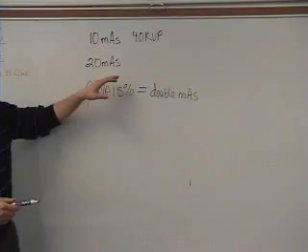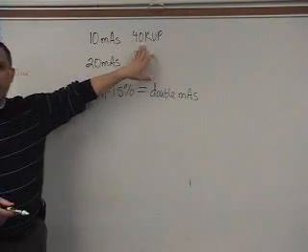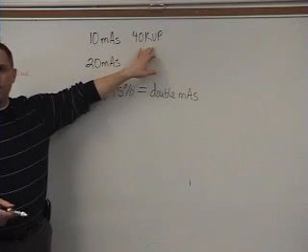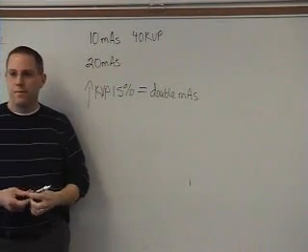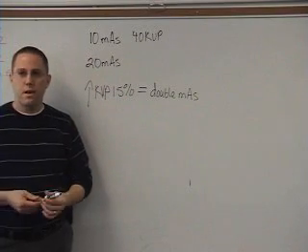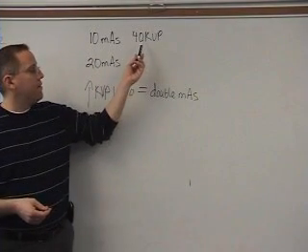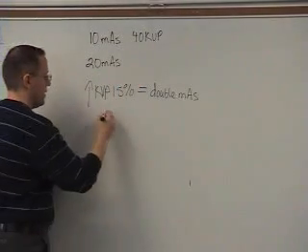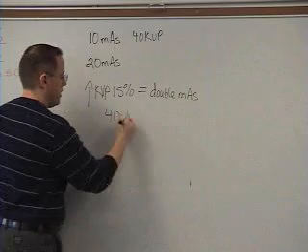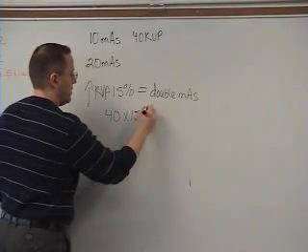So what you have to figure out is, what would your new KVP be? We're going to increase this 40 KVP by 15%. Okay, so we have to figure out what is 15% more of that. So you take 40 times 15%.